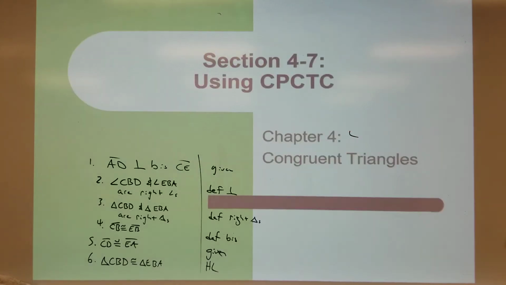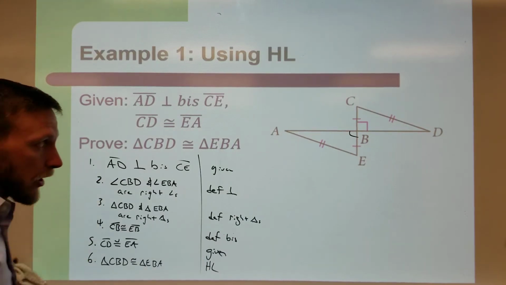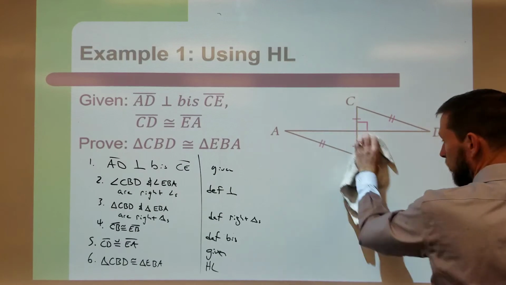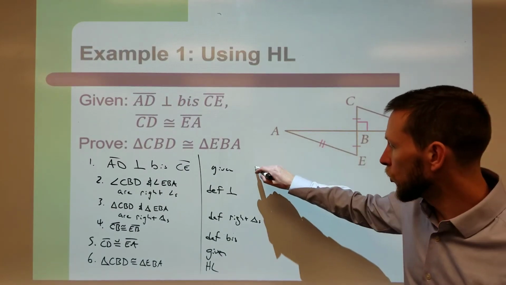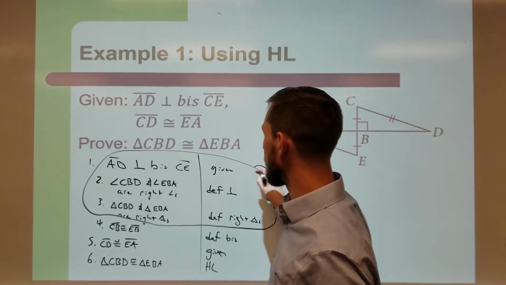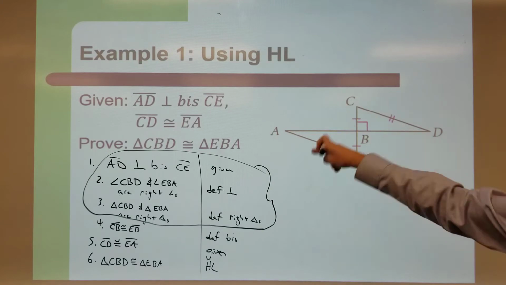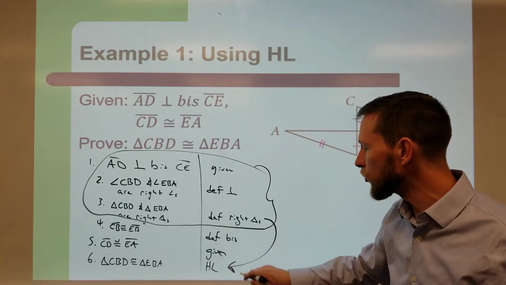All right, so that's the end of lesson 6, which basically says if you have right triangles, then you have a special situation. You are going to be given that something's perpendicular, that means you've got right angles, that means that you have right triangles. Only if you have right triangles can you use the hypotenuse leg theorem.